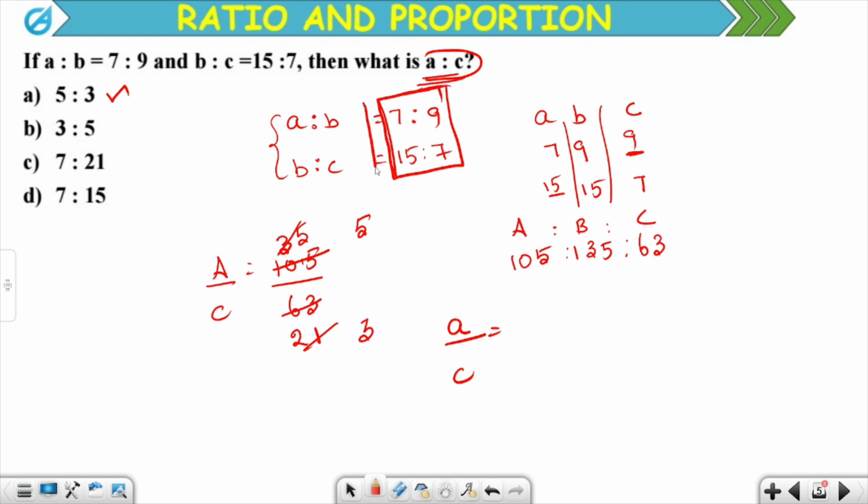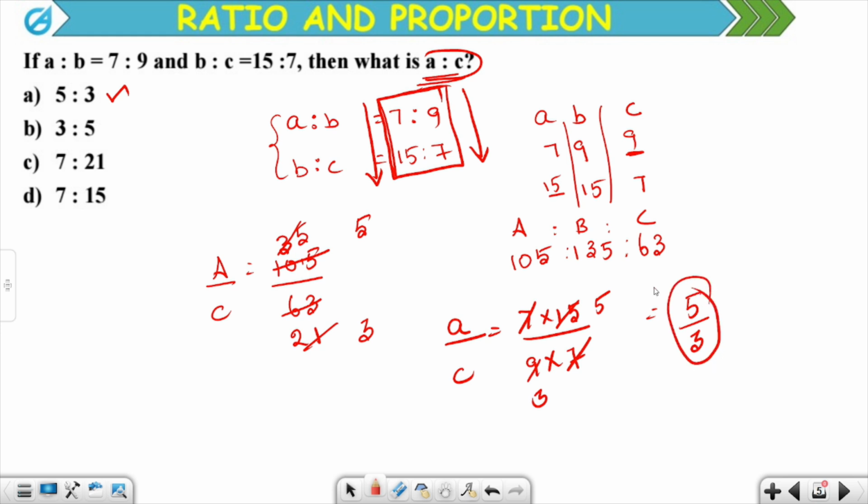If you multiply the first column, that is 7 and 15, you get the value of A. If you multiply the last column, you get the value of C, that is 9 into 7. Now this 7 and 7 will get cancelled. This is 5 times and this is 3 times. So what will be the ratio? 5 is to 3. This is the shortest way to find the answer for this one. Okay, fine. Next one.